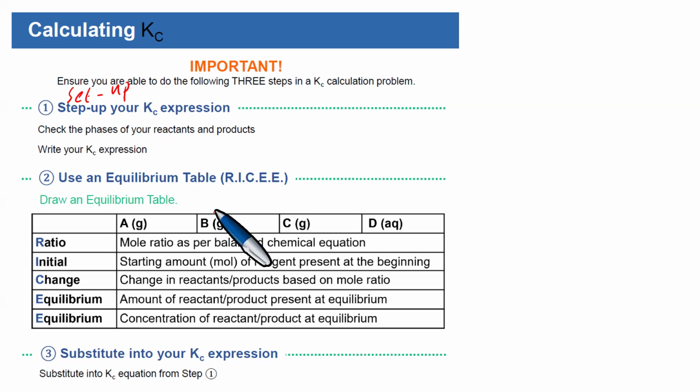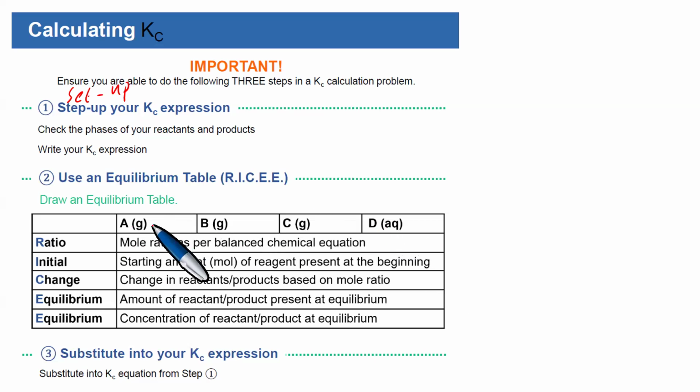Use an equilibrium table. Very often we would be interested in using an equilibrium table, the ICE notation and scheme, and you need to be able to draw it. In our hypothetical example, A and B are the reactants and C and D are the products.